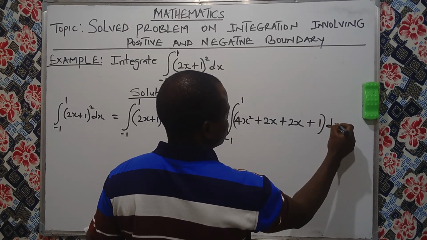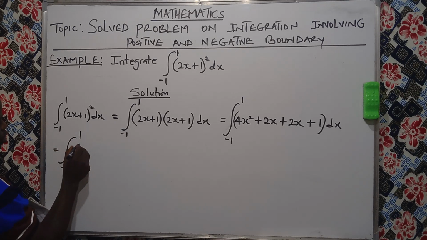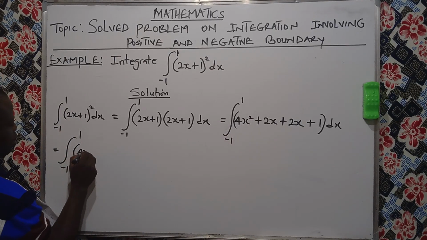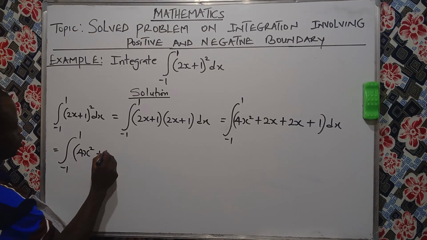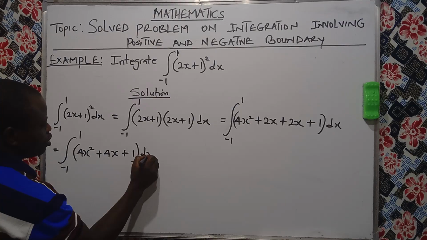Now close the bracket, dx. This equals the integral from -1 to 1 of (4x squared plus 4x plus 1) dx.